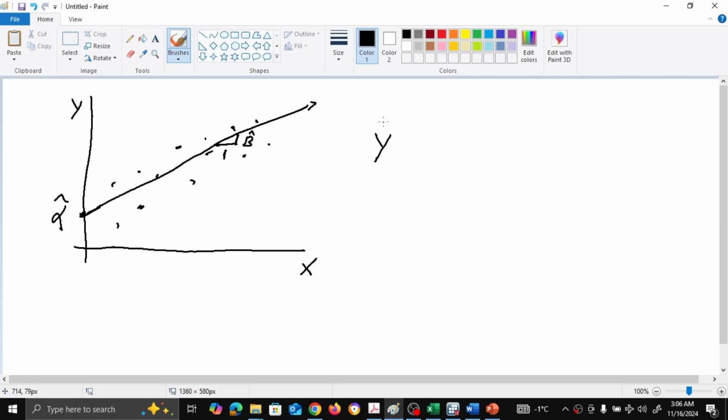So let's remind ourselves, the best fitting line through the points is like this: yi equals alpha hat plus beta hat times xi. And that is the best fitting line there.